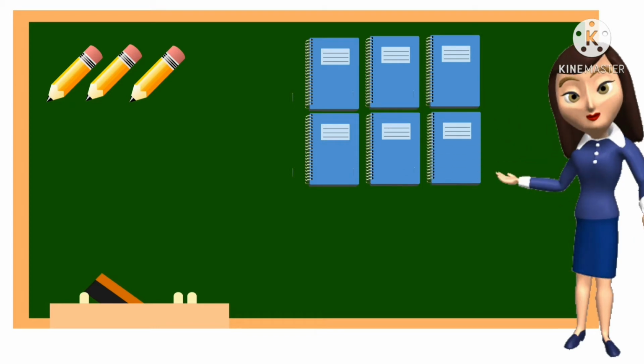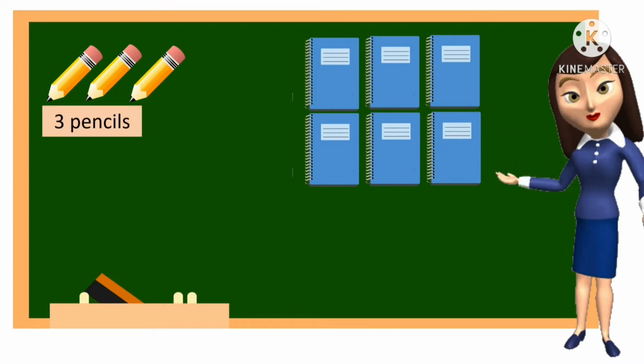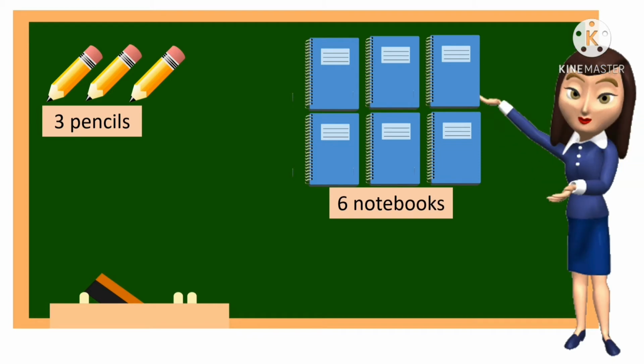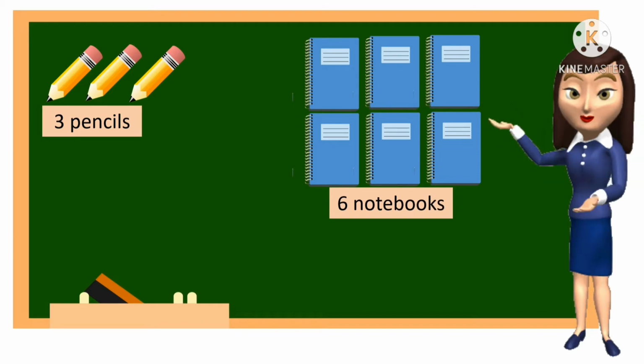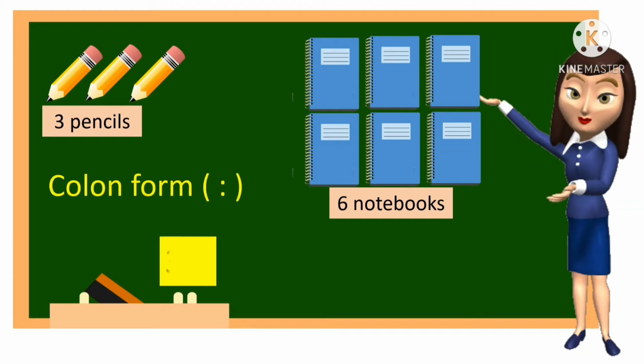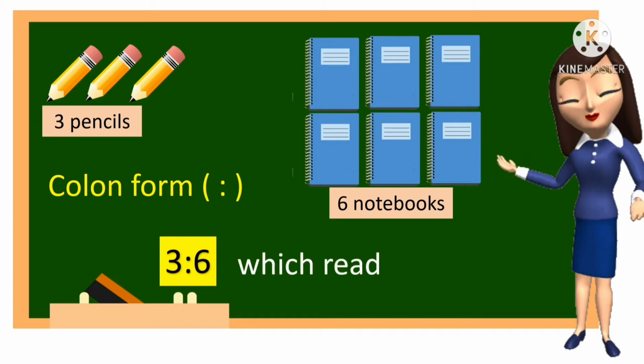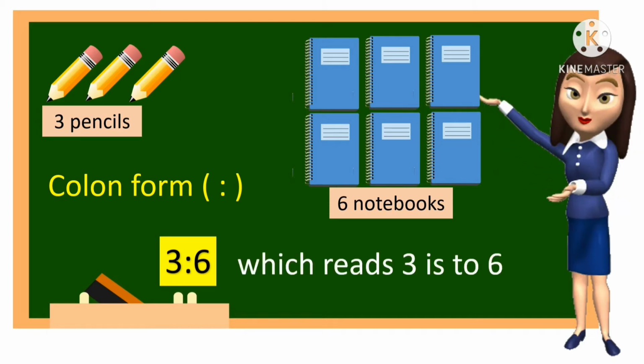How many pencils and notebooks are there? There are 3 pencils and 6 notebooks. What is the ratio of pencils to notebooks? The answer? 3 is to 6, which reads 3 is to 6.